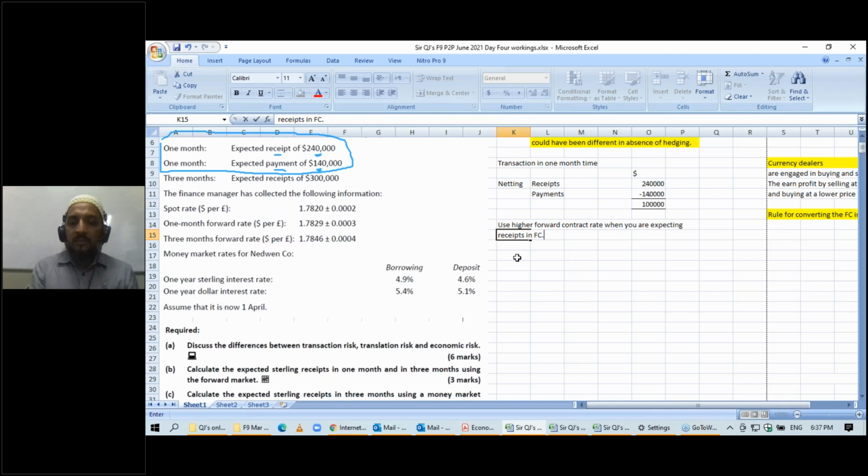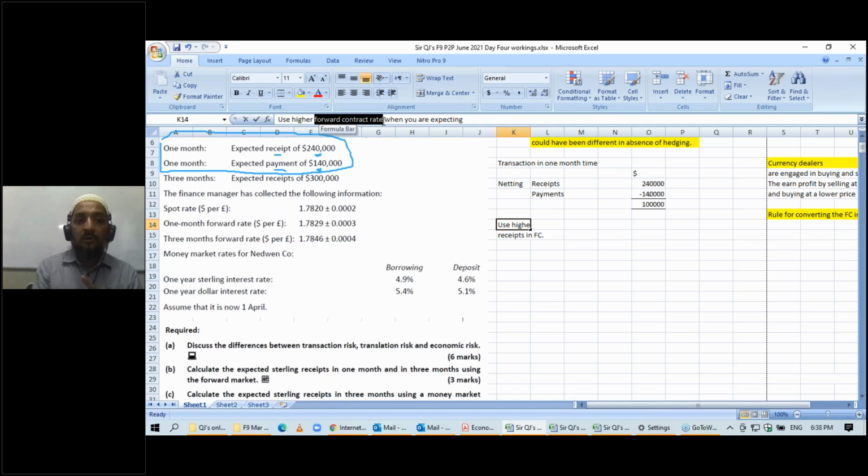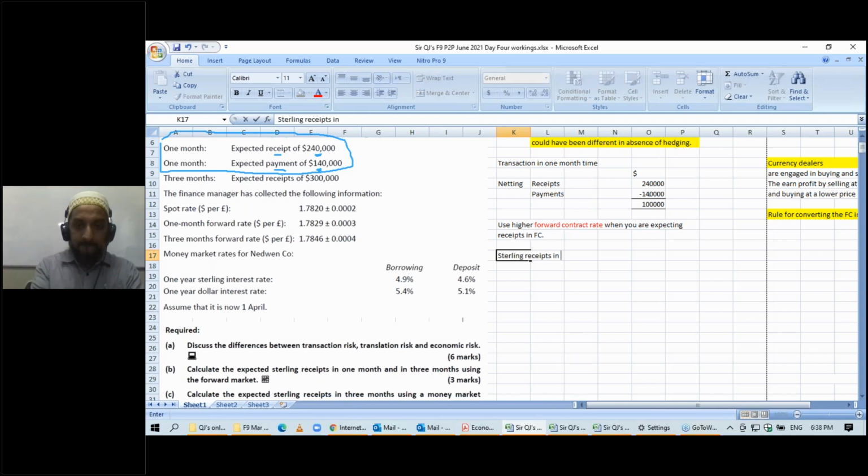So what is the forward rate? Obviously, remember that you do not use the spot rate. Use the forward contract rate, the higher forward contract rate, because we are hedging at the forward rate. So your sterling receipts in 1 month's time will be 100,000 divided by 1.7832. Now, how did you get 1.7832?